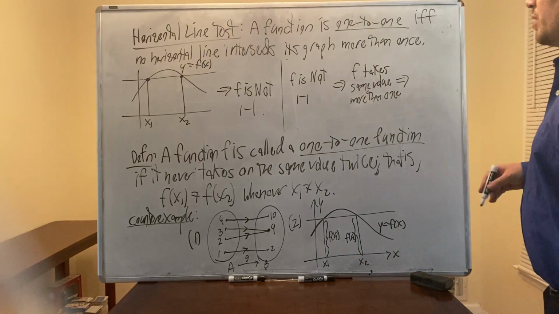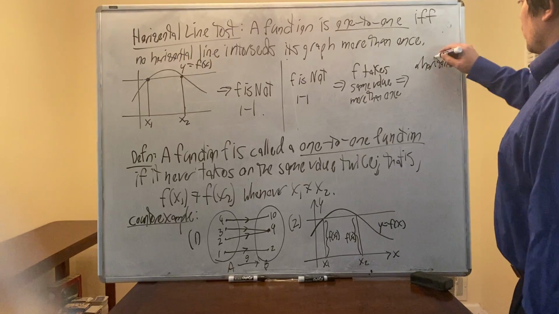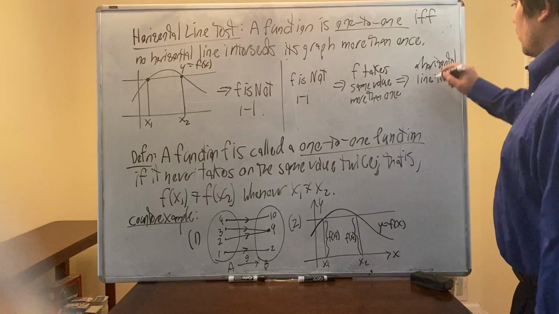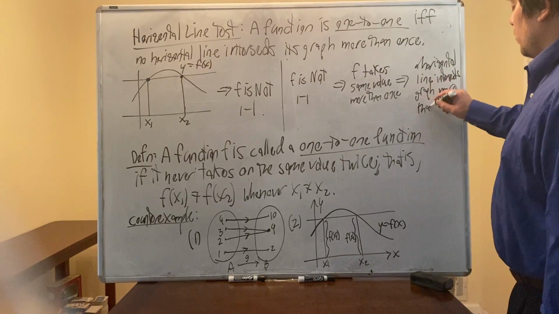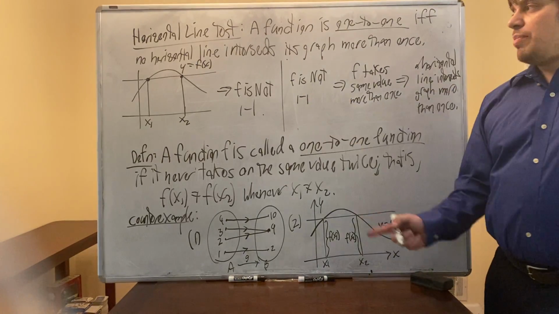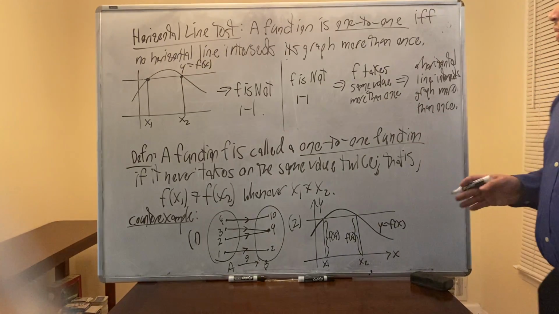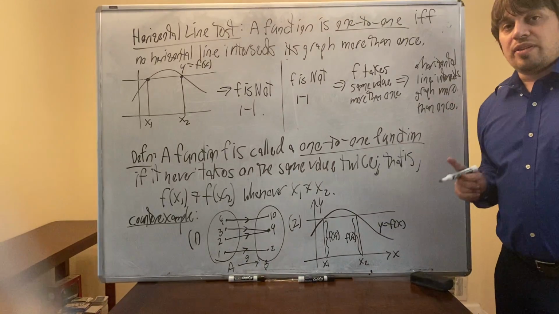That implies that a horizontal line intersects the graph more than once. So if f is not one-to-one, f repeats the same value more than once, and that means there's some horizontal line that will intersect the graph more than once.